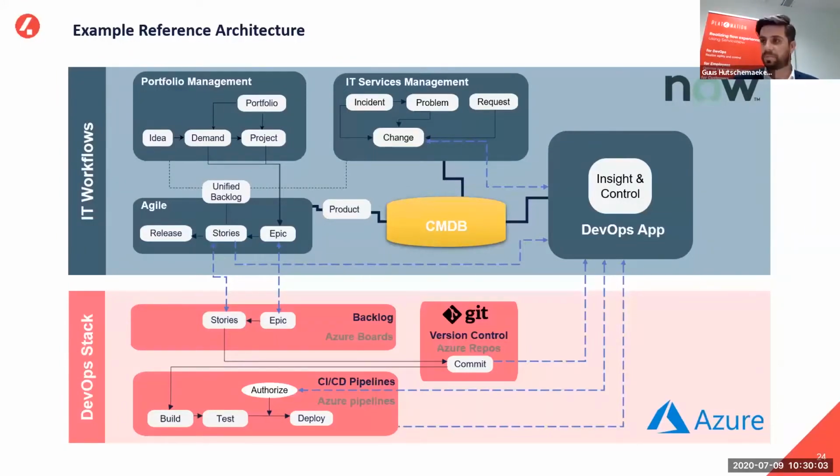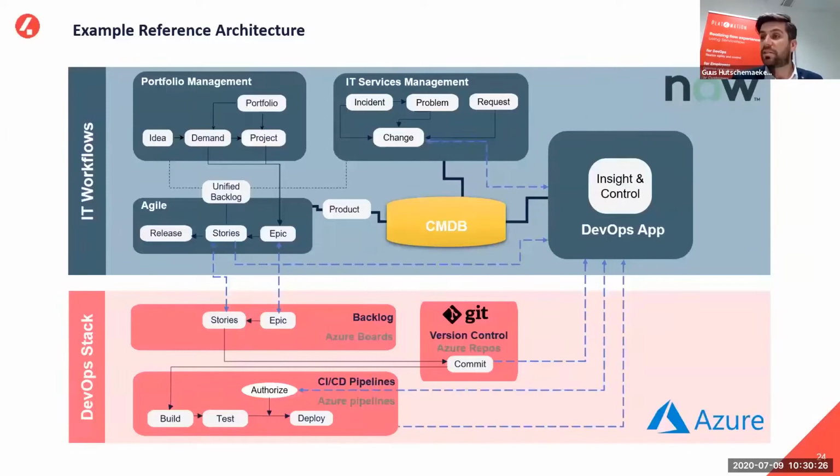Then from the Azure DevOps perspective, you will start building your software. You start coding, you have those commits, and then you'll trigger your pipeline, which will entail a lot of build steps, maybe some tests. And at some point, you want to deploy that.